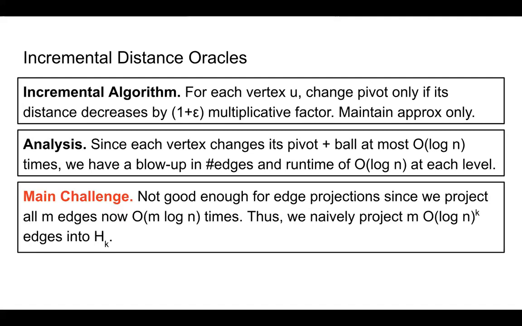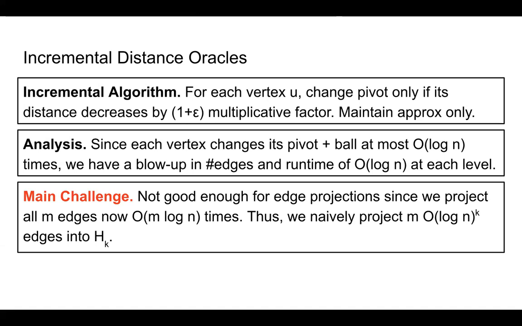Good. And the main challenge: all of this would be rather simple, but then you actually hit a challenge, and this is what makes it really difficult to obtain the m polylog m update time and the polylog m stretch. This is not good enough, because if you're doing edge projections and instead of projecting each edge once, you're projecting each edge log n times, then the first time you project, you're getting from m to m log n edges.